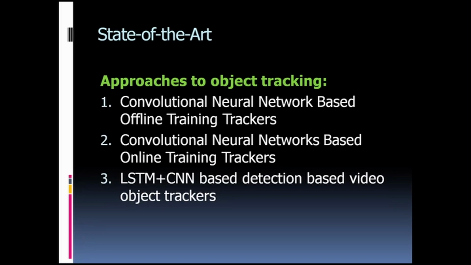Next, number three, we have LSTM plus CNN based detection based video object trackers. This is another class of object trackers which are getting very popular because they use long short-term memory (LSTM) networks along with convolutional neural networks for the task of visual object tracking. Recurrent YOLO (ROLO) is one such single object online detection based tracking algorithm.